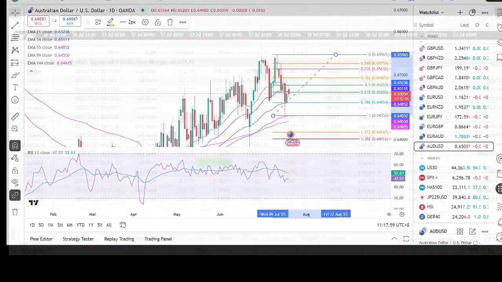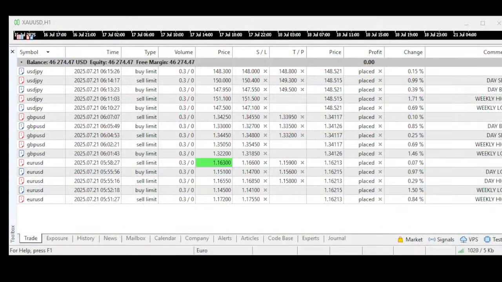So let's key in this weekly high. What we are expecting, this weekly high is around 65.55, 65.60 level, not more than that. So we will go for a sell at 65.60.